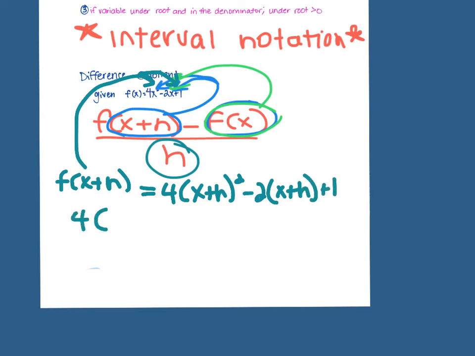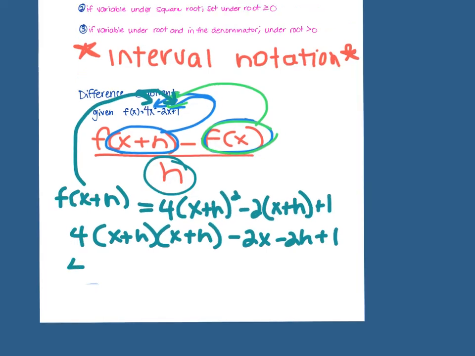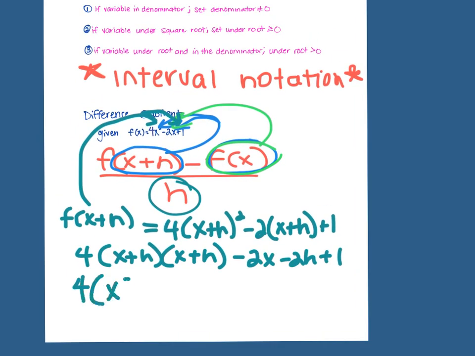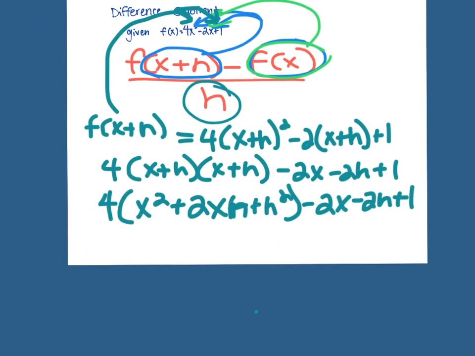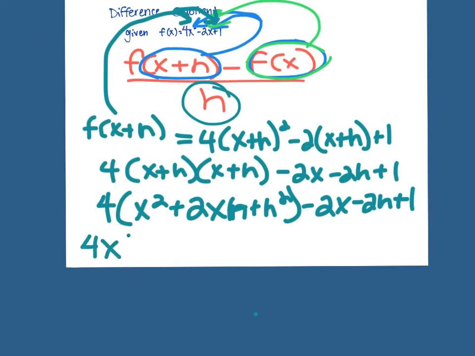And then I'm going to FOIL out the x plus h times x plus h. Distribute the -2. This is 4 times x squared plus 2xh plus h squared, minus 2x minus 2h plus 1. Distribute the 4: 4x squared plus 8xh plus 4h squared minus 2x minus 2h plus 1.